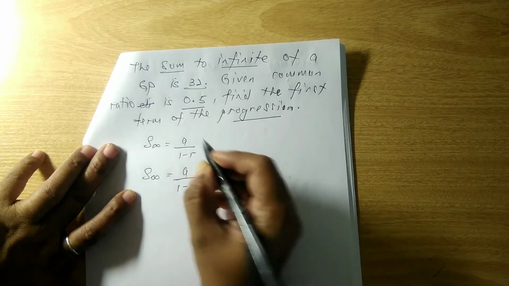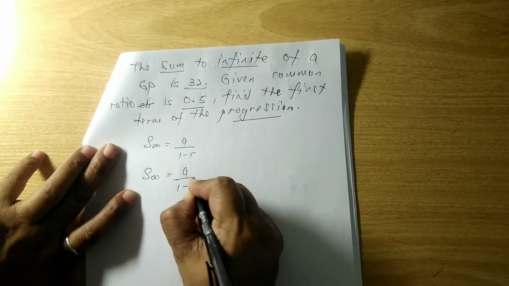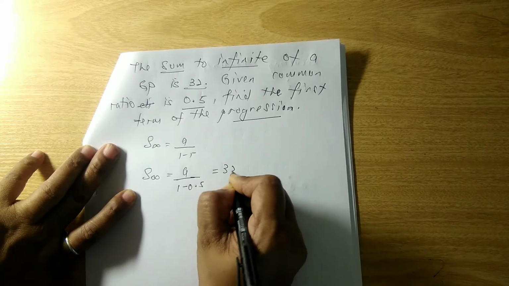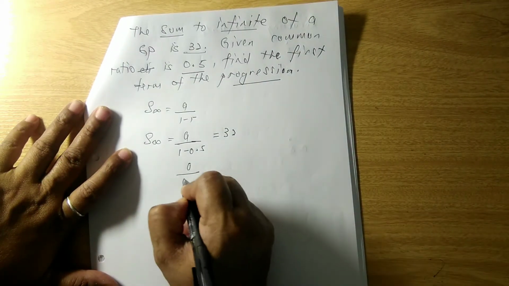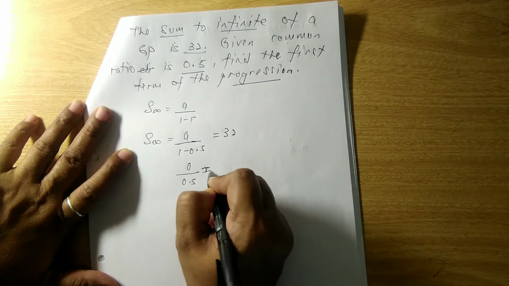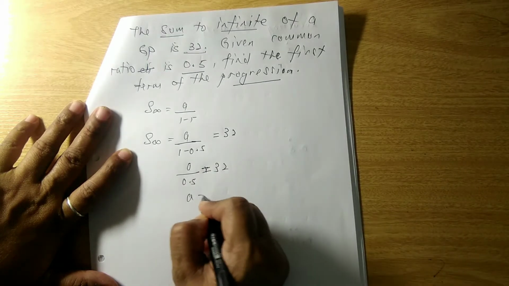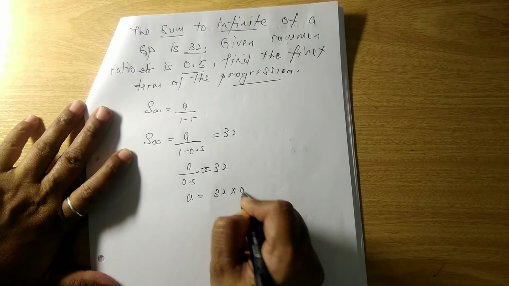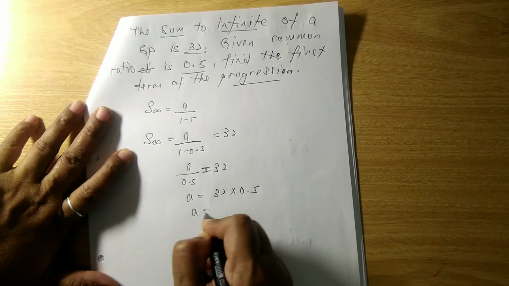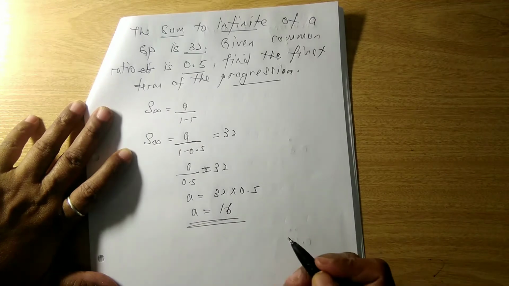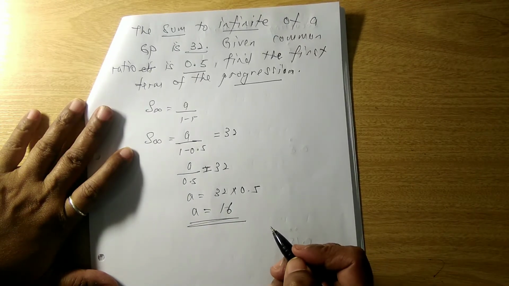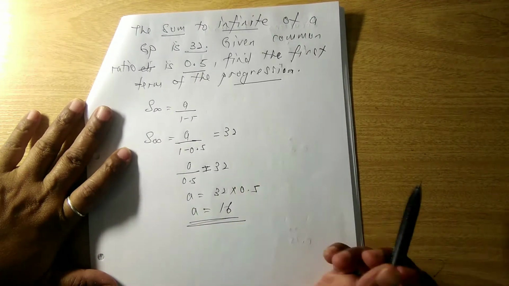All of this is equivalent to 32, so a over 1 minus 0.5 equals 32. So a is 32 times 0.5, so a becomes 16. That's my first term for the given progression.